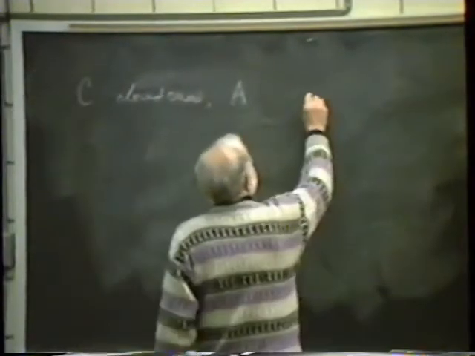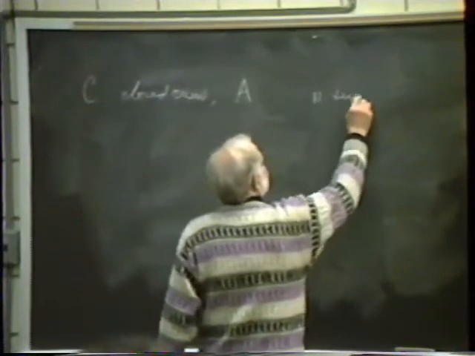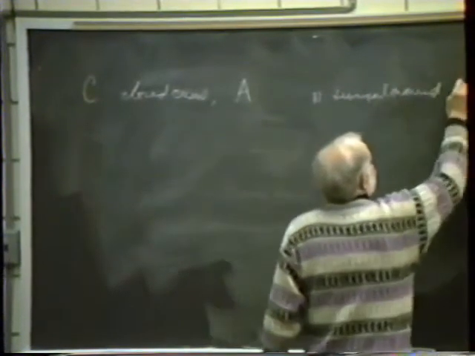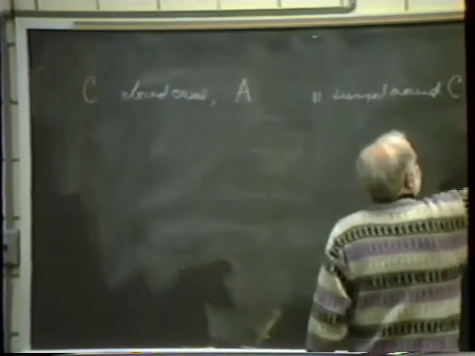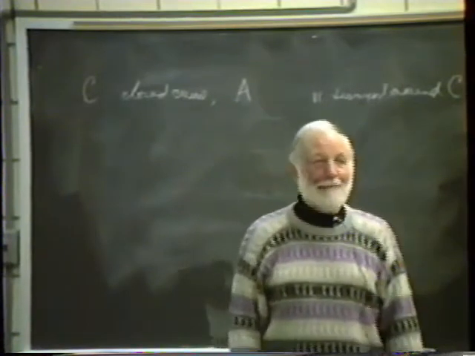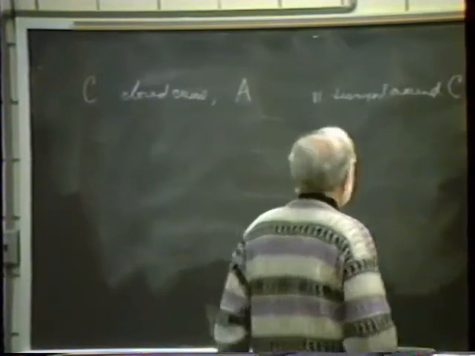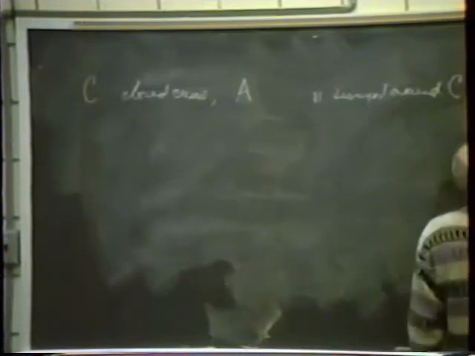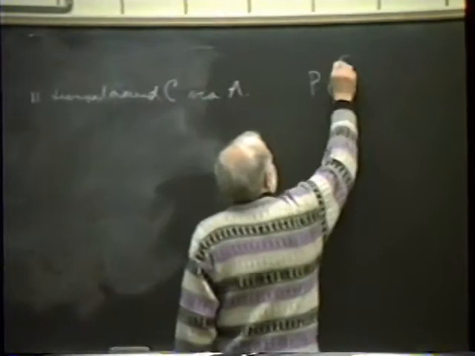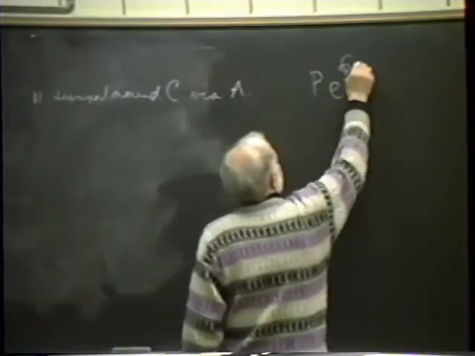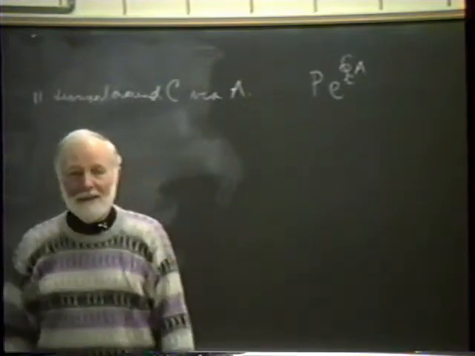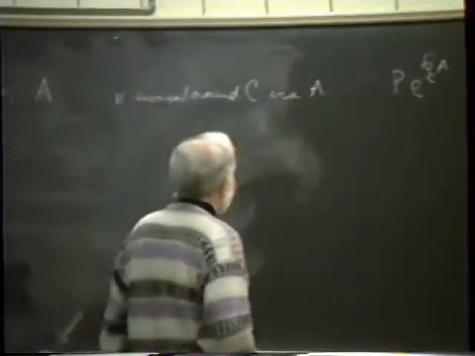Then parallel transport around C via A is a favorite geometric object and a favorite physical object. Physicists denote this by the path-ordered integral around C of A. Path-ordered because the group of the bundle may not be abelian.